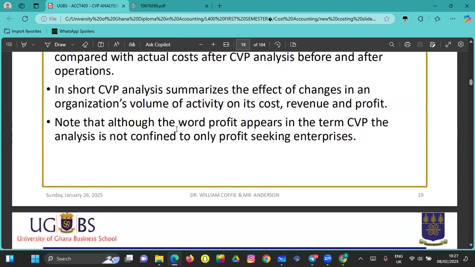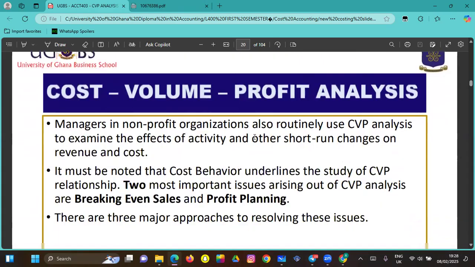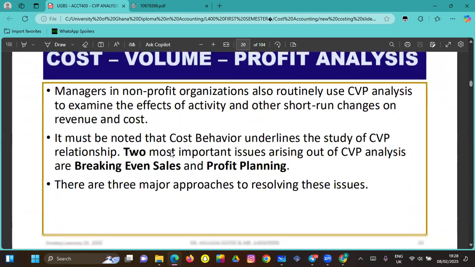Note that although the word profit appears in the term CVP analysis, the analysis is not confined to only profit seeking, right? We are not only using it for profit seeking organizations, but also for any. So managers in non-profit organizations also routinely use CVP to examine the effect of activity and other short-run changes on revenue and cost.